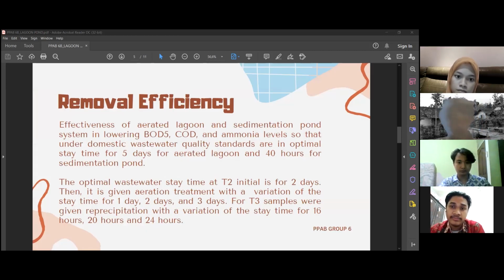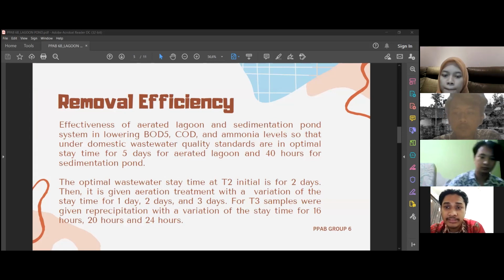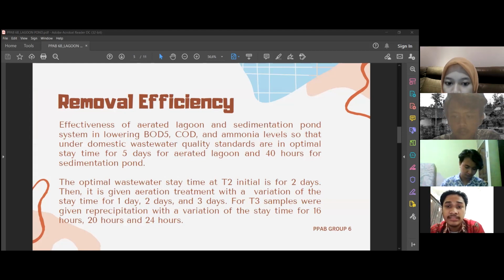And next, removal efficiency is the effectiveness of the aerated lagoon and sedimentation pond system in lowering BOD5, COD, and ammonia levels so that they are under domestic wastewater quality standards, at an optimal stay time of 5 days for the aerated lagoon and 40 hours for the sedimentation pond. The optimal wastewater stay time at T2 initial is 2 days.